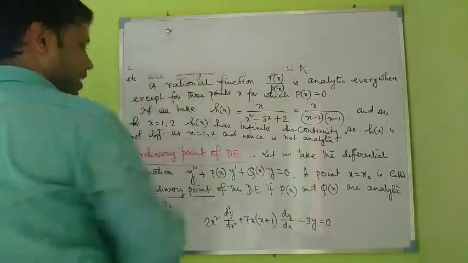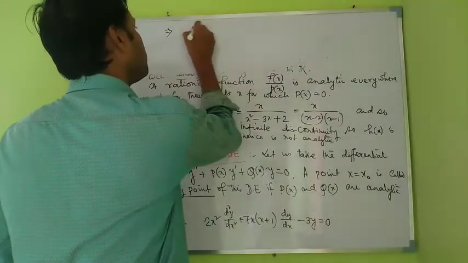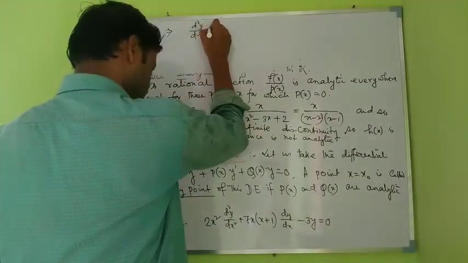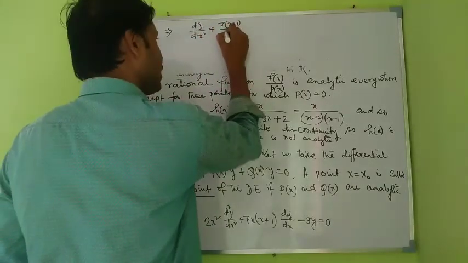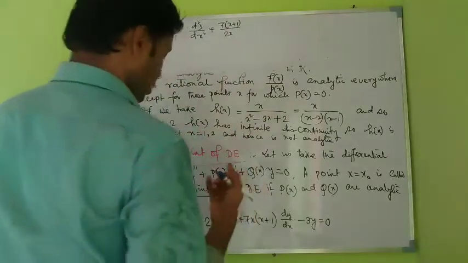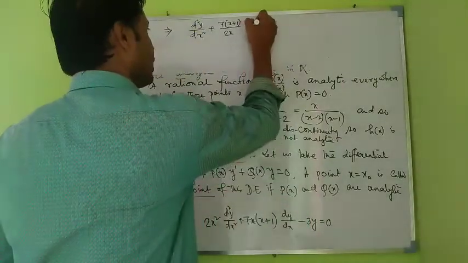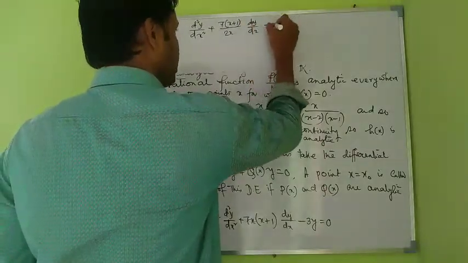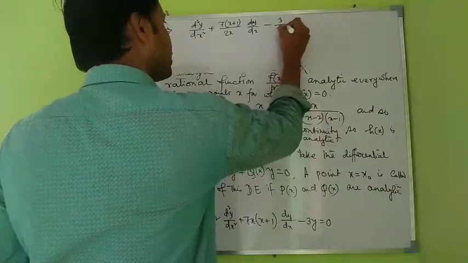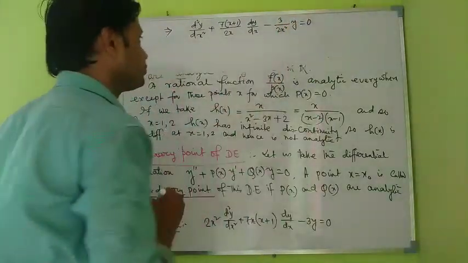So we rewrite this as d2y dx2 plus 7 into (x plus 1) divided by 2x, we cancel one x, into dy dx minus 3 divided by 2x square into y is equal to 0.